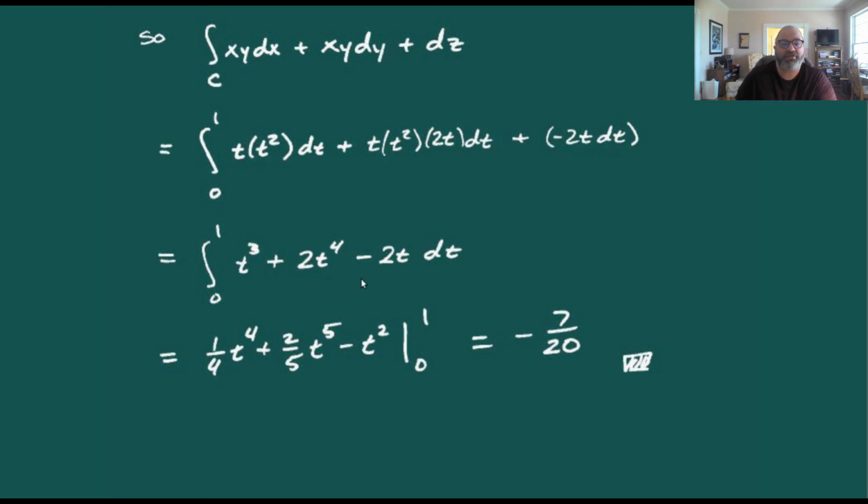Put all of those together, and that simplifies down to the integral from 0 to 1 of t cubed plus 2t to the 4th minus 2t dt. Evaluating that gives us -7/20.